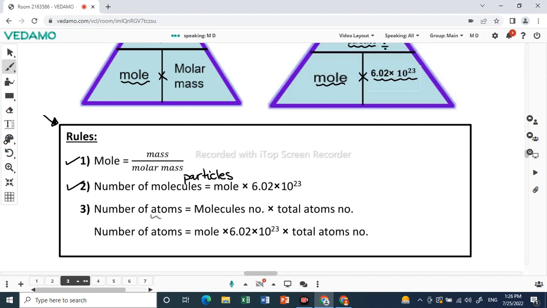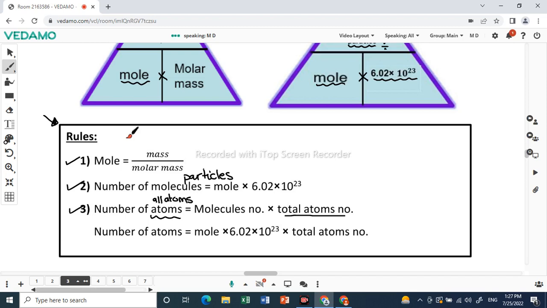And inside the past paper, they may ask you also to calculate the number of atoms. When talking about the atoms number, here I'm specifying all atoms presented. So you will take the molecules number and multiply it by the total number of atoms presented after counting how many atoms you have in the whole molecule or compound given.